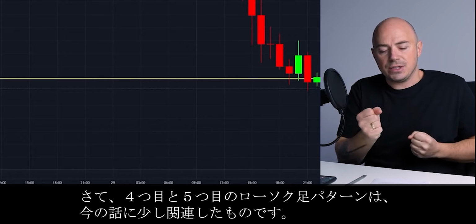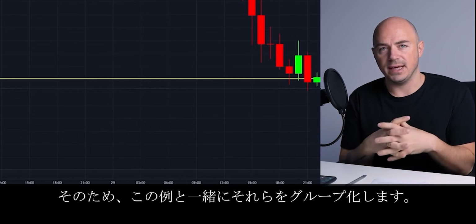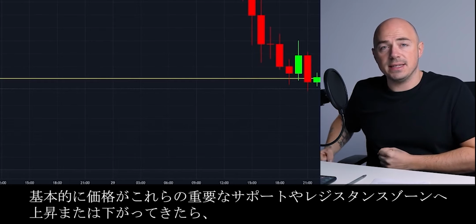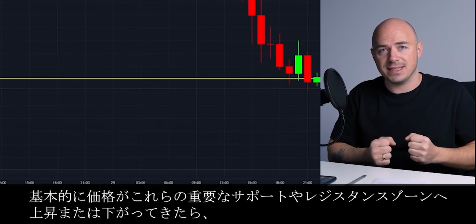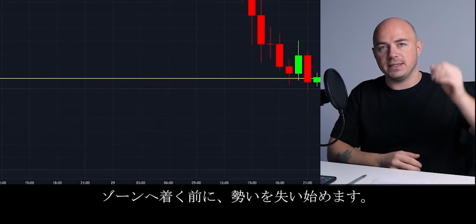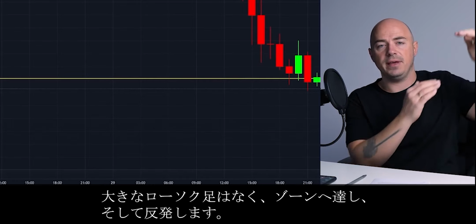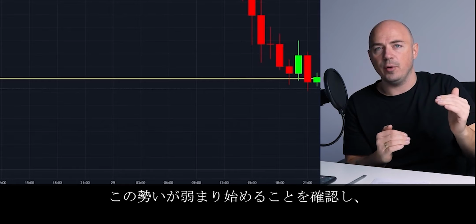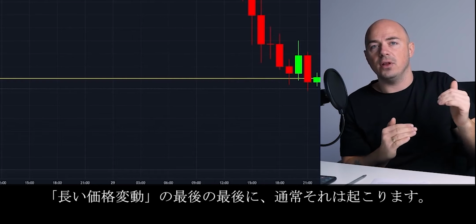Okay, now the next two kind of go hand in hand, so I'm going to group them together for this example. Basically, as price is coming up or down to one of these key support and resistance zones, and it's starting to lose momentum before it gets there, you don't have these big fat candles hitting it and then rejecting off of it. You start to see this slow wean down of momentum, and it usually happens at the very end of a long move.